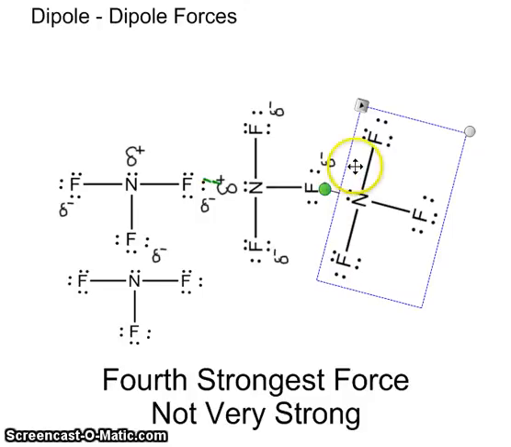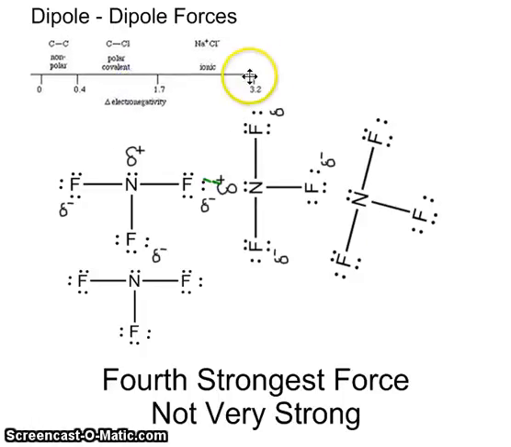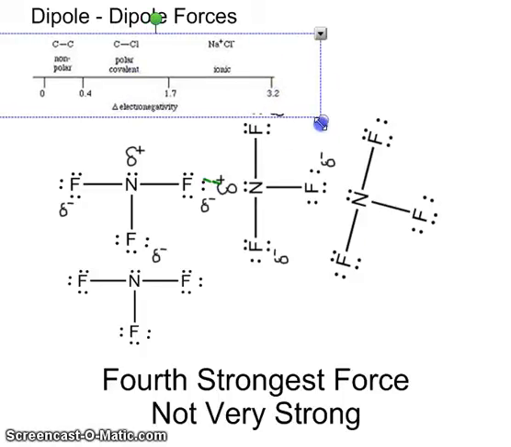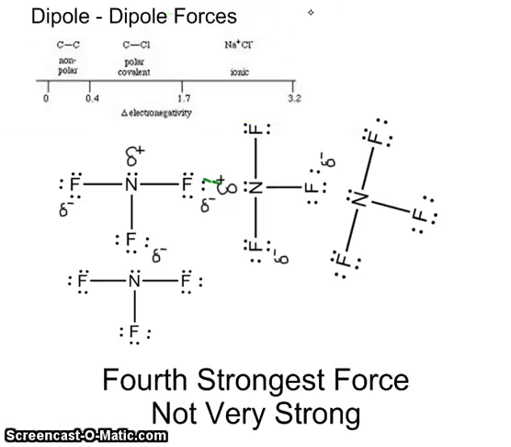So dipole-dipole forces exist here, but we should be able to rank how strong those intermolecular forces are. In terms of dipole-dipole forces, we're going to use this scale, which my students should all recognize as the scale of differences in electronegativity.